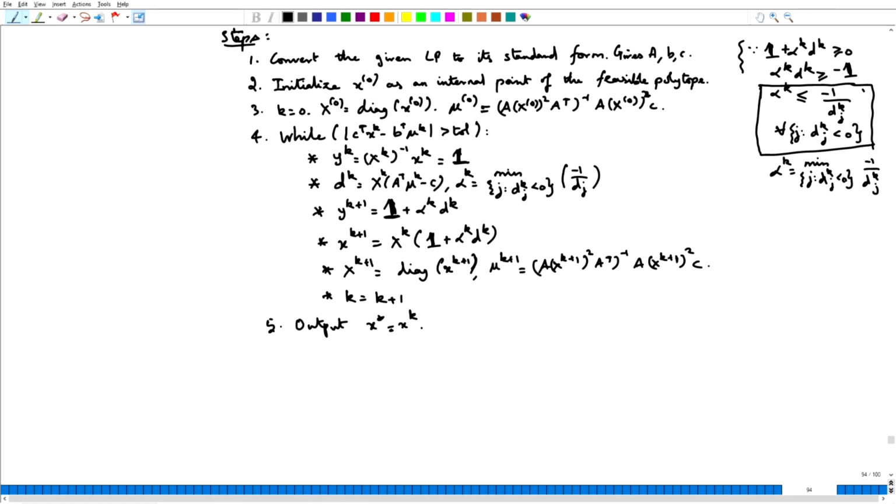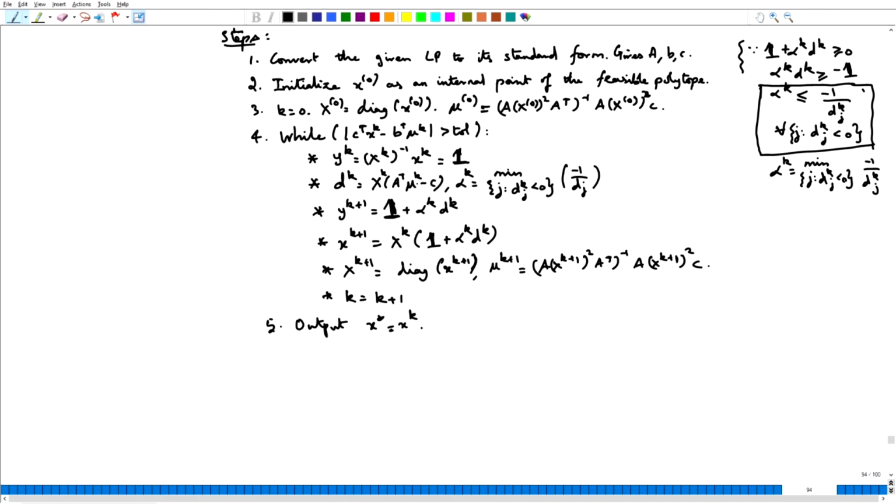So, you have centering, movement along the projection of the descent direction, and decentering. In centering we are pre-multiplying with capital X k inverse, then we discussed why the direction has to be x k into A transpose mu k minus C.